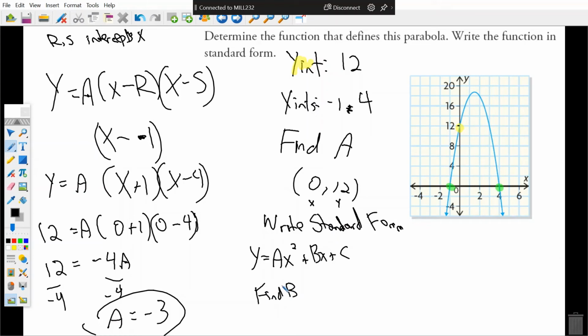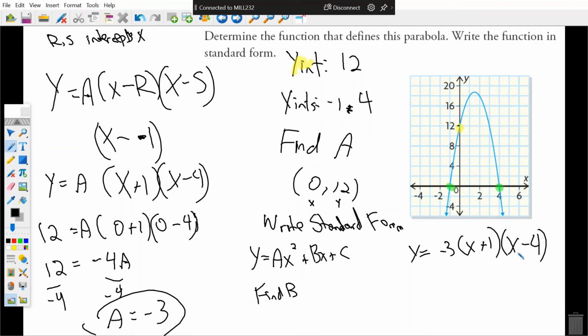So to find b, we're going to go back to our factored equation here. Y equals a times x minus r times x minus s, except now we know what a is. A is negative 3, x minus r, sorry, x plus 1, x minus 4.